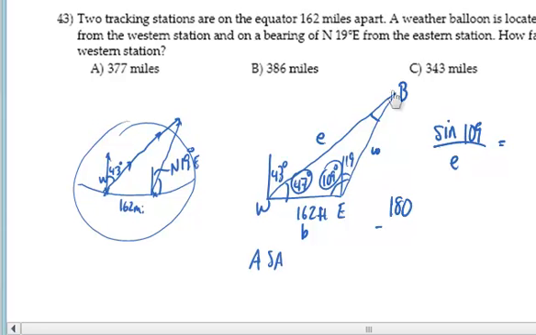So 180 minus 109 and 47 would be, I mean to say, 24 degrees.